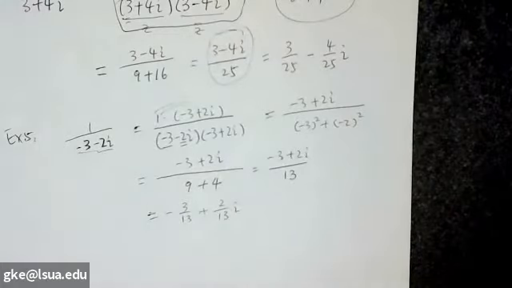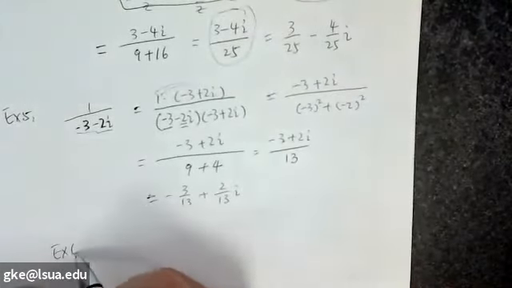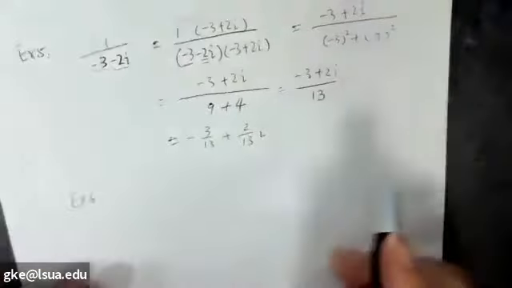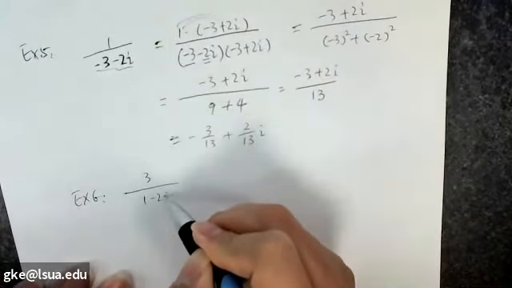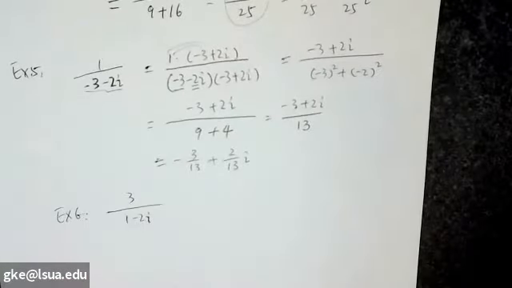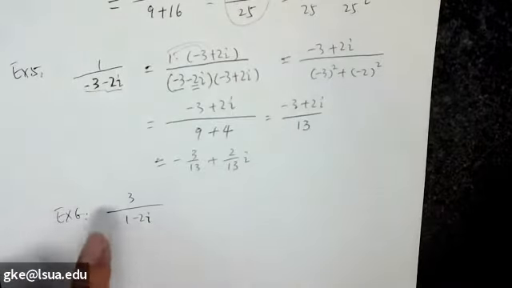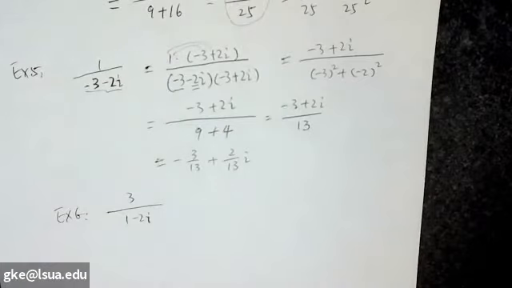Now I'm gonna give you guys an example. Let you guys try it. So example 6. Write down this standard form, the numerator is 3, the denominator is 1 minus 2i. So follow the steps. Let the denominator times its conjugate. Okay, so 1 minus 2i.